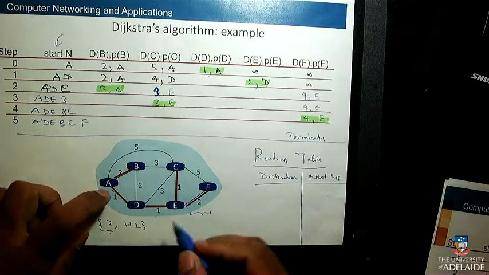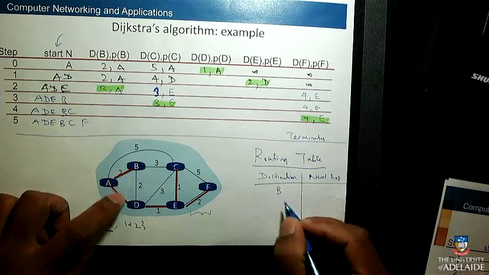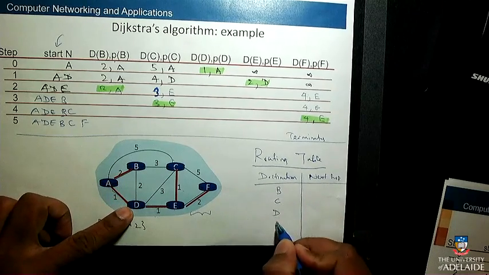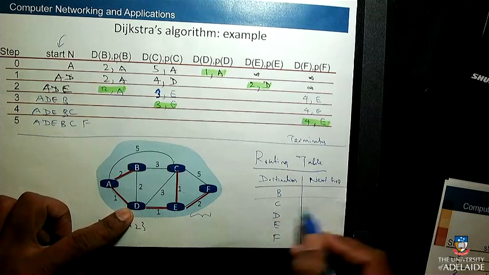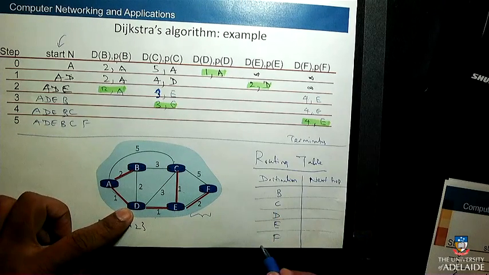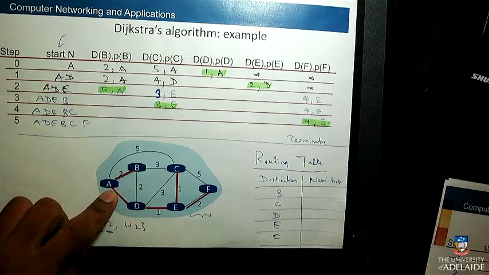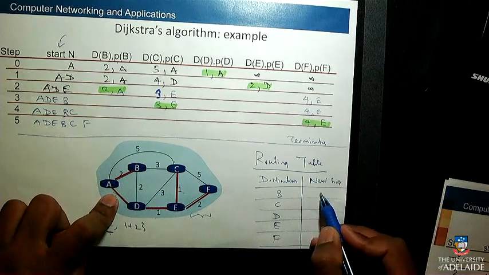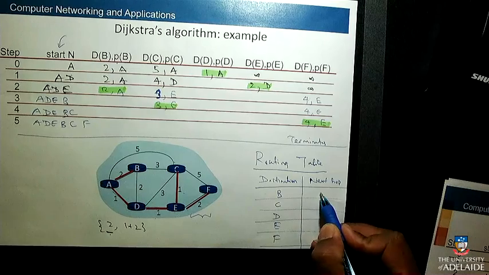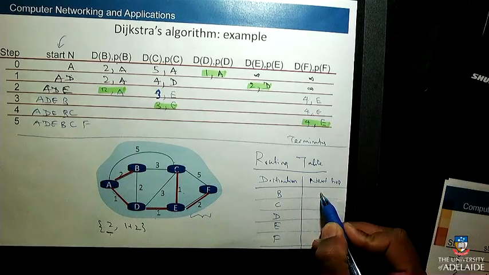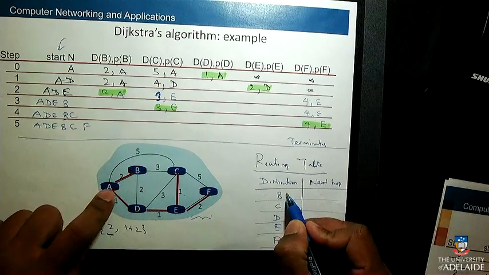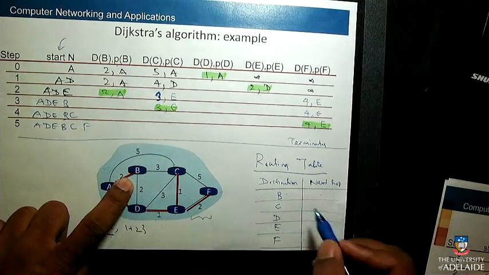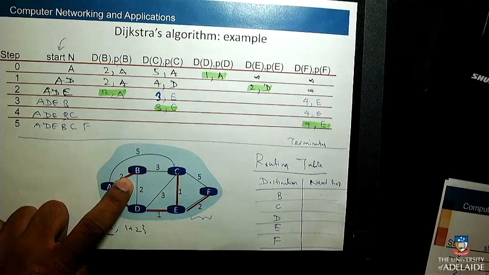So in terms of destinations, we have B, C, D, E, and F. So ideally, these will be the number of the link, right? But instead, I'm going to write the next hop router, okay? So if I want to get to B, that's easy. This says I just send it to B directly.